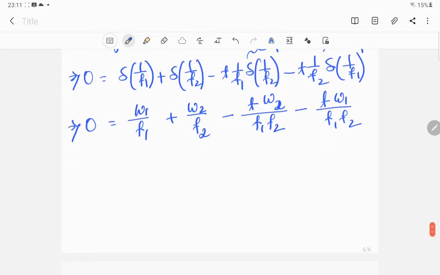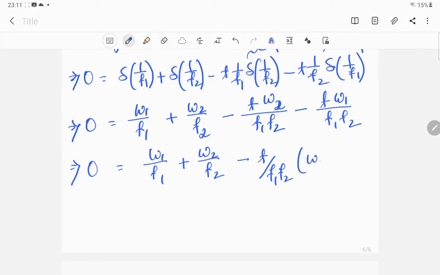I would like to suggest all of you to do it, and only then can you understand. So omega 1 by f1 plus omega 2 by f2 minus t by f1 f2, which I am taking out, times omega 1 plus omega 2.